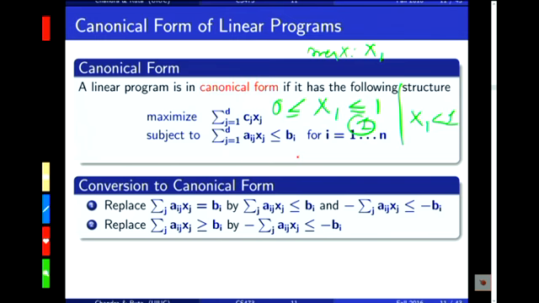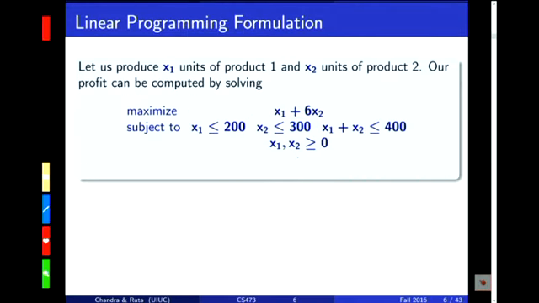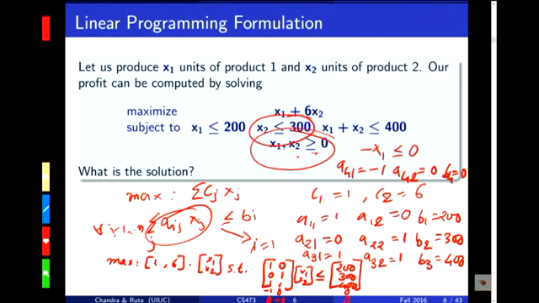But I don't have any equality in that program. Do I have equalities in that program? No equalities. So I don't need to do that. But I need to take care of these greater than or equals, because this is not in the right form. So when x1 is greater than or equals 0, minus x1 is less than or equals 0, right? So it's the same thing. Just say minus x1 less than or equals 0. And then in that constraint, the coefficient of x1 is minus 1, for x2 is 0, and b4, the right hand side, is 0. Right?